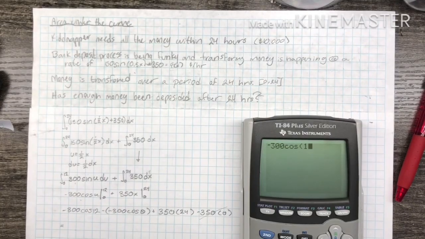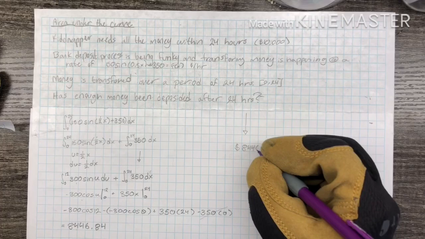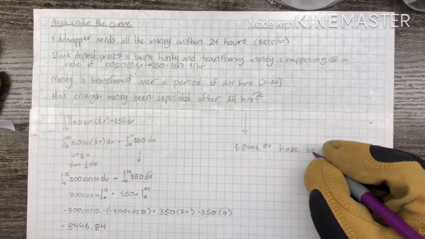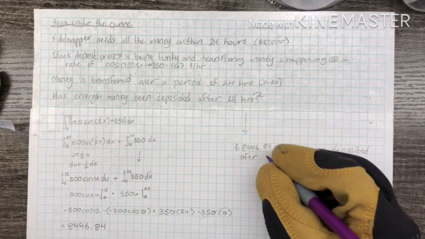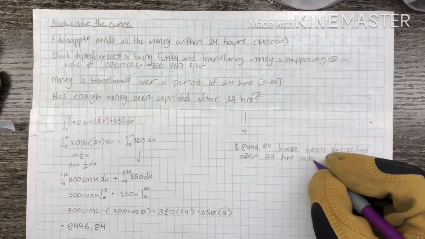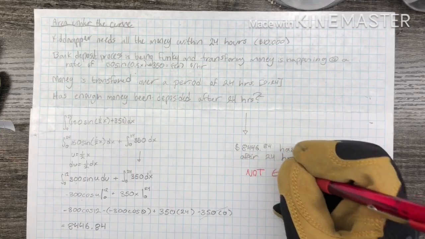Multiplying and adding it all together, we are left with the total of $8,446.84. So, $8,446.84 have been deposited after 24 hours, which, unfortunately for Mr. Victim, is not enough.